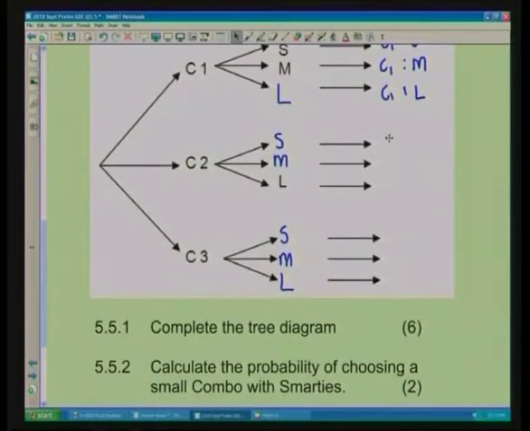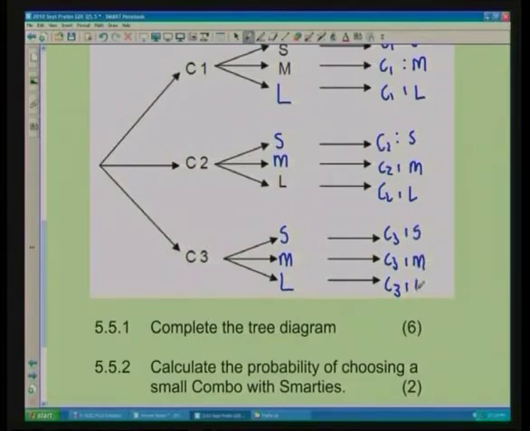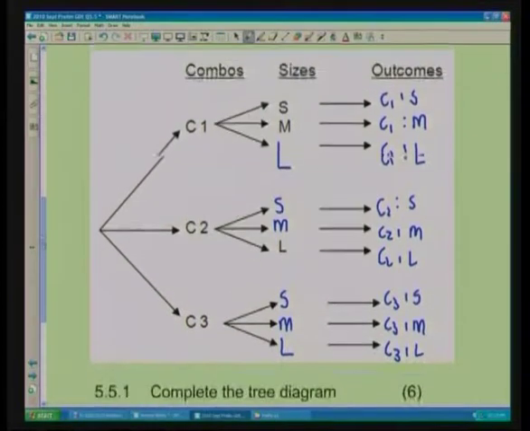So combo 2, and each one of these comes in small, medium, and large. And then the last one is combo 3. If you're a big Astros fan, then this one will be for you. And that's what they're asking you to fill in.